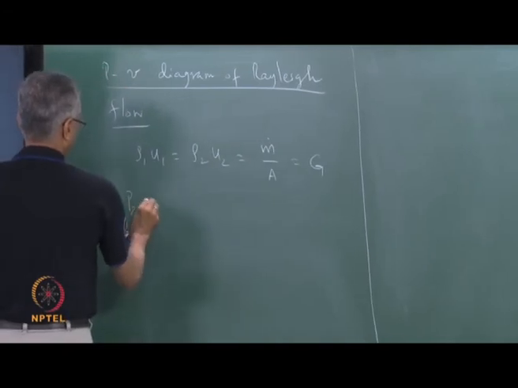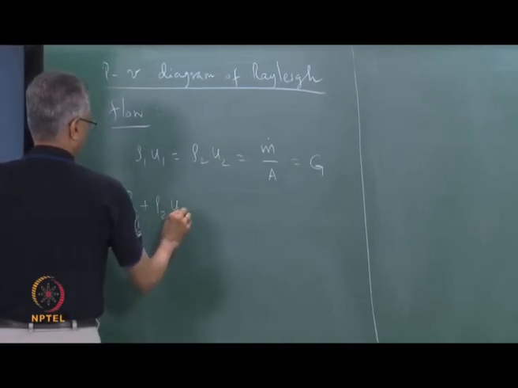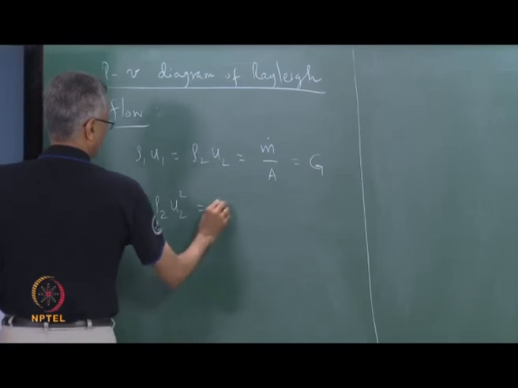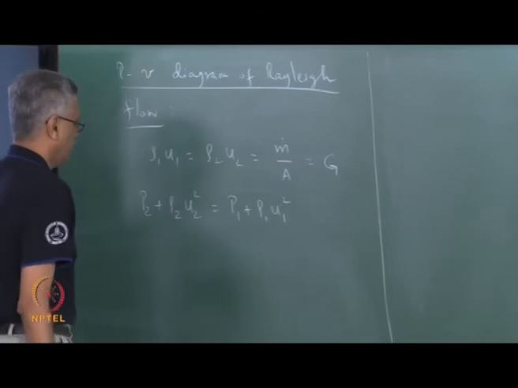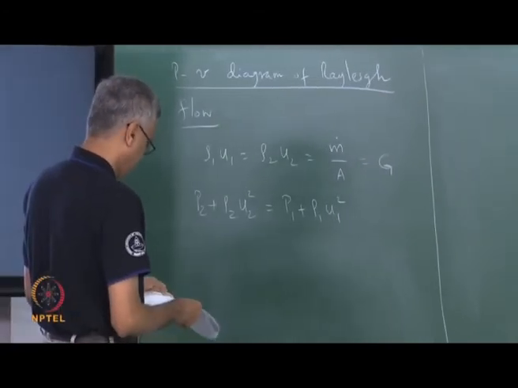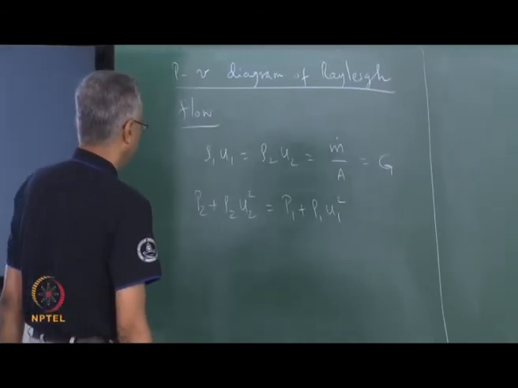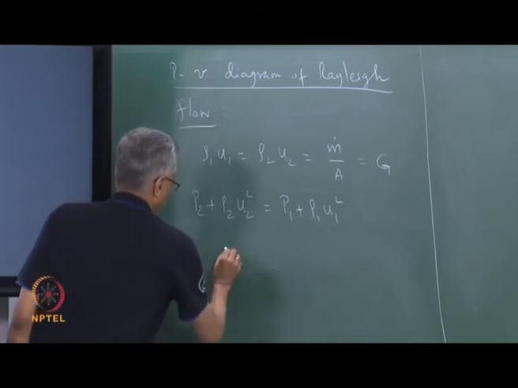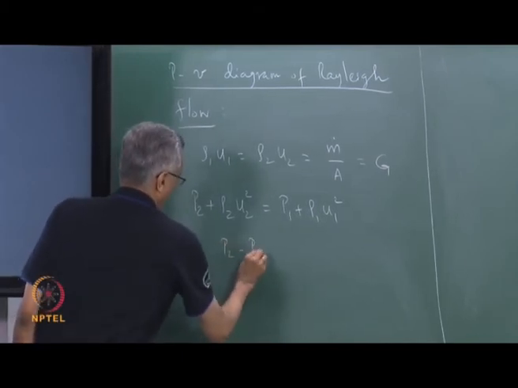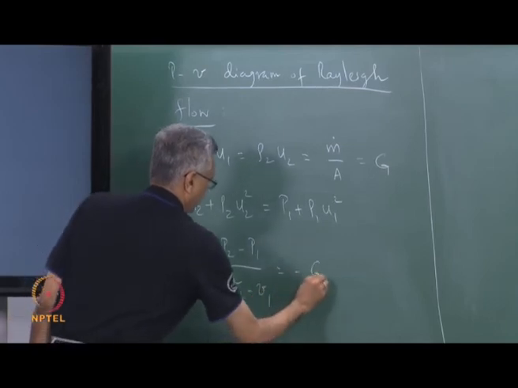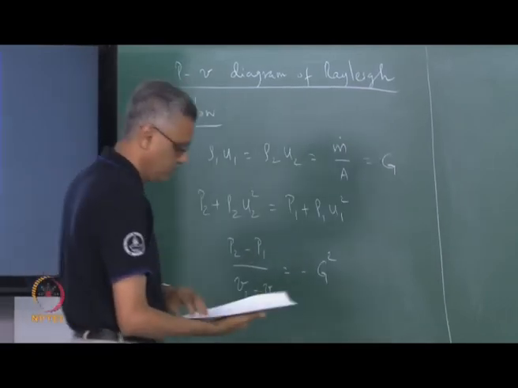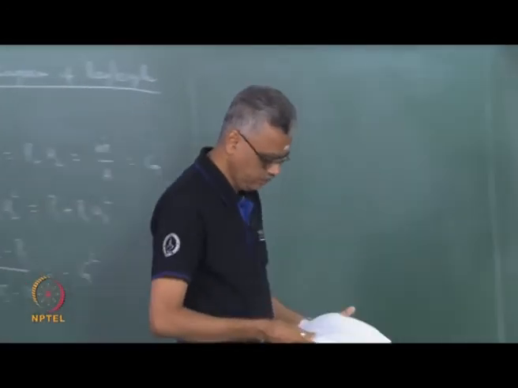So P2 plus rho 2 u2 square is equal to P1 plus rho 1 u1 square, from which we derived the Rayleigh equation, which was P2 minus P1 divided by V2 minus V1 equal to minus G square.